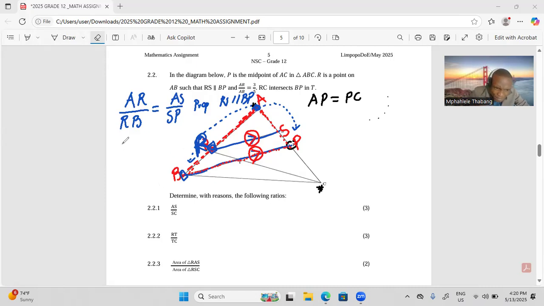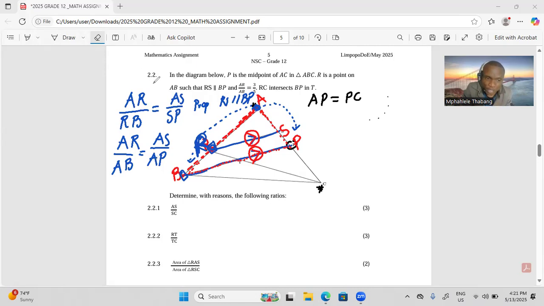You can say, this is mathematically acceptable, AR over AB equals AS over AP. The reason is still the prop theorem. Here I'm exposing you to how you can apply the prop theorem differently, and how you apply it will depend on the information which has been provided on the question paper.